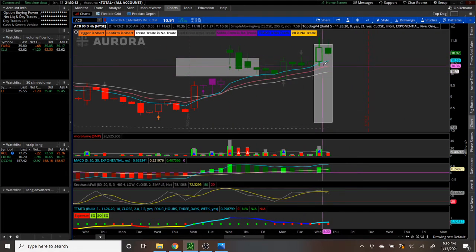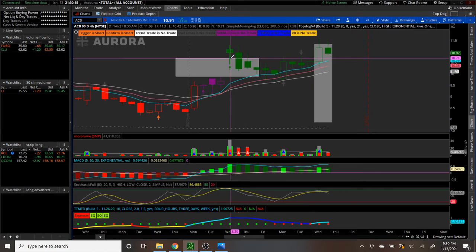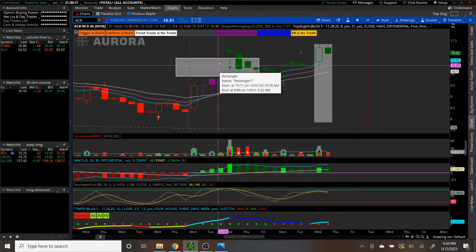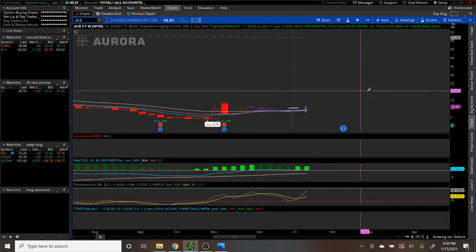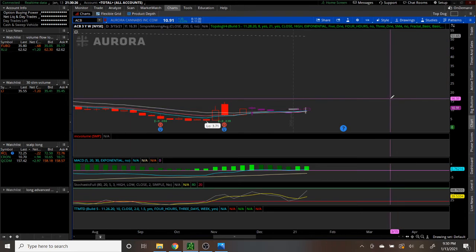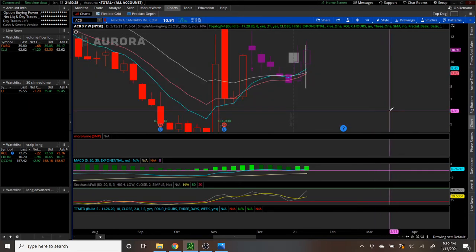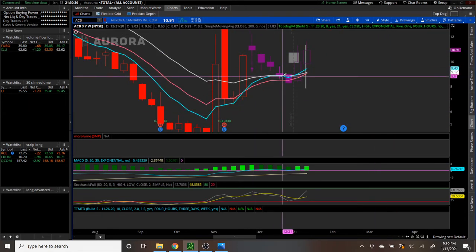And today, it's been going sideways, like I talked about, and I made this entry intraday, but the fact is that it had printed this. I saw this right here.